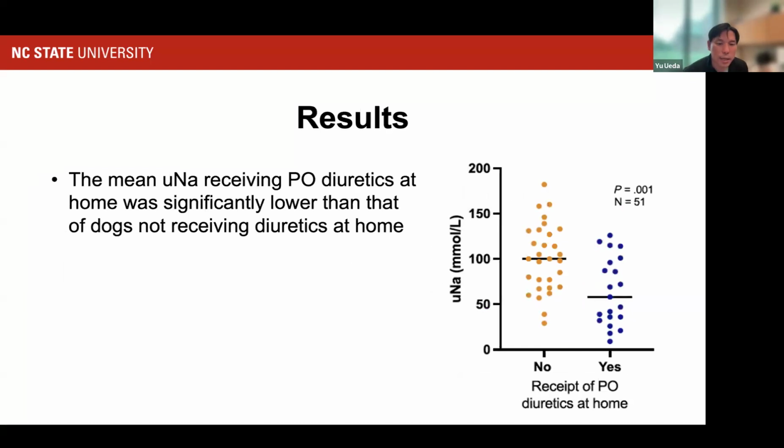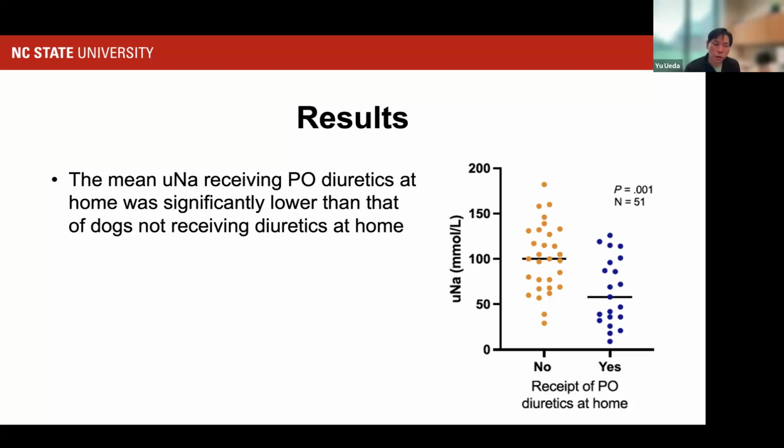They also found that the mean urinary sodium concentration in dogs receiving oral diuretics such as furosemide or torsemide at home was significantly lower than in dogs not receiving diuretics at home, which makes sense.